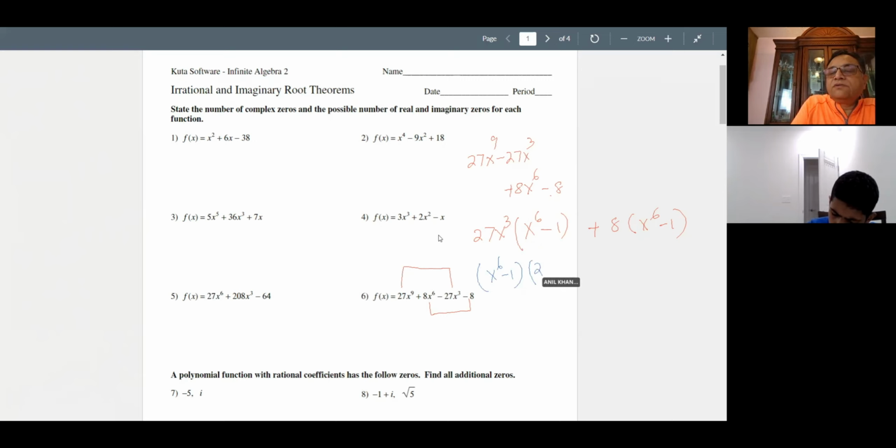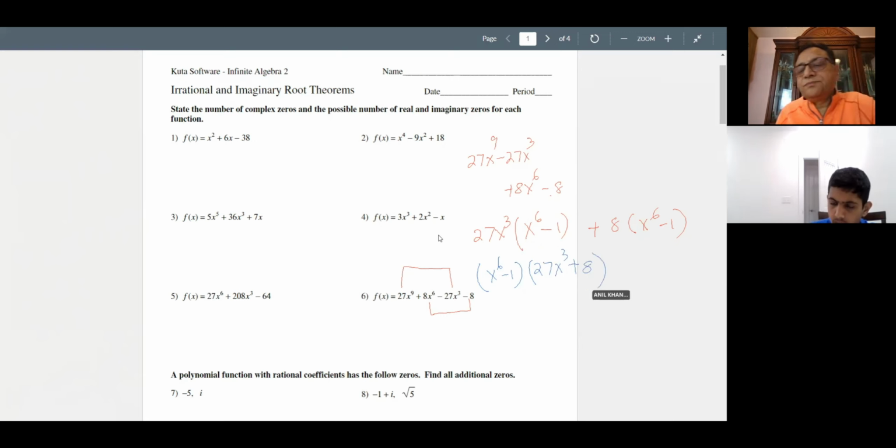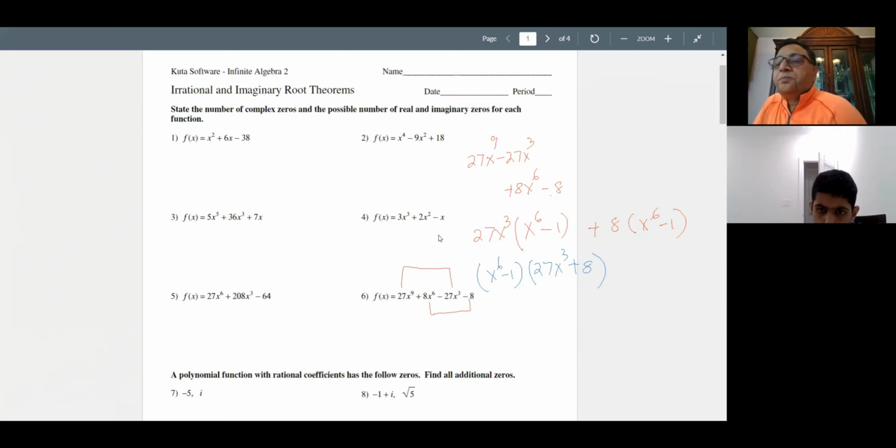You get 27x cubed plus 8. Now x to the power of 6 could be treated as x squared cubed. So we could factor this as x cubed plus 1 times x cubed minus 1. So that is the factoring of x to the power of 6 minus 1.